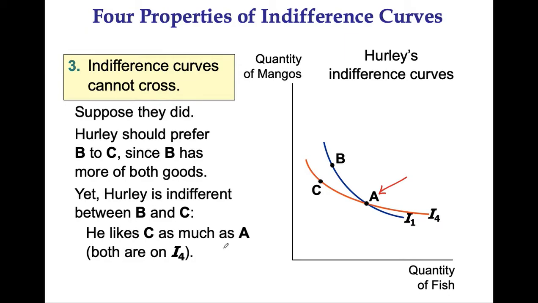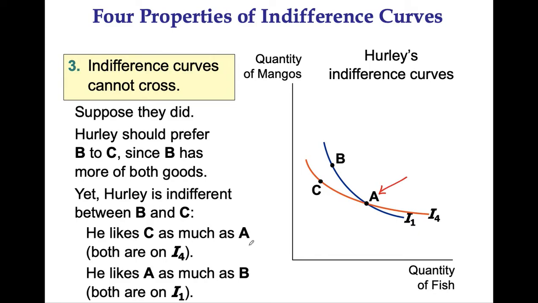Because he likes C as much as A. C and A are on the same indifference curve I2. And he likes A as much as B because A and B are on the same indifference curve.